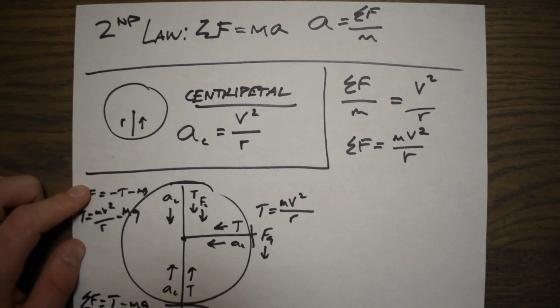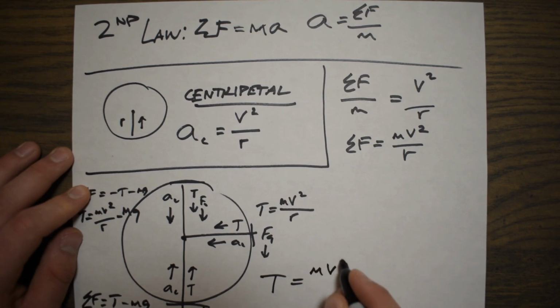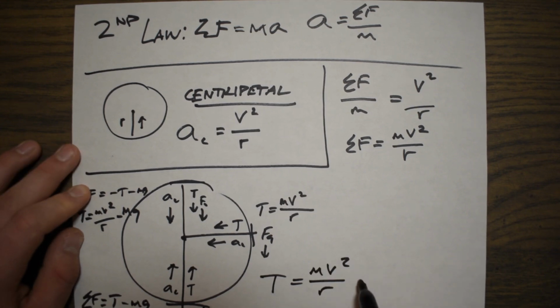Now, when we see this equation, if you isolate T, you end up having, we know that this is mass times acceleration, so mv squared over r plus mg.